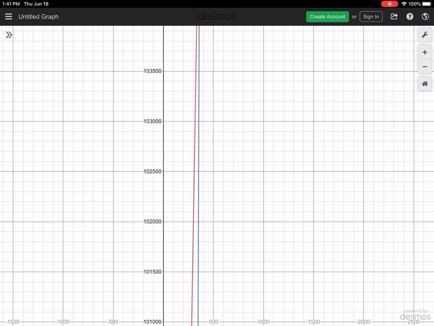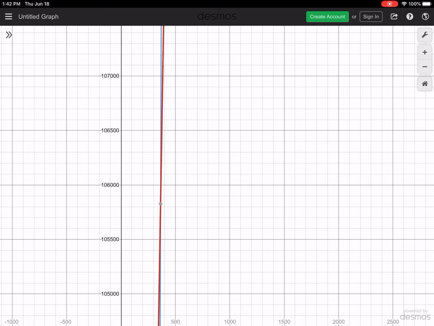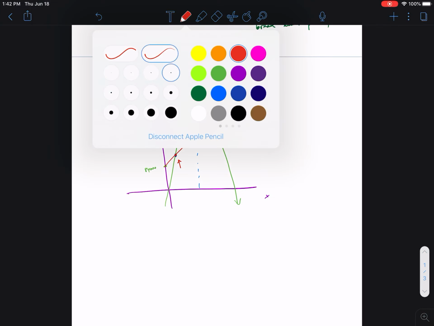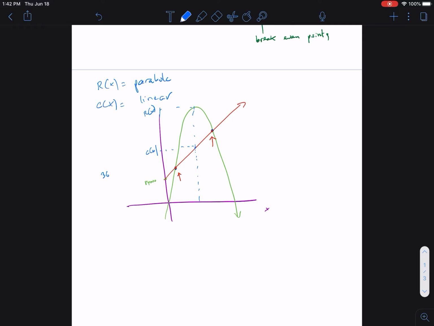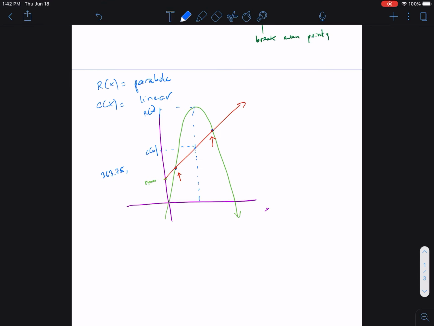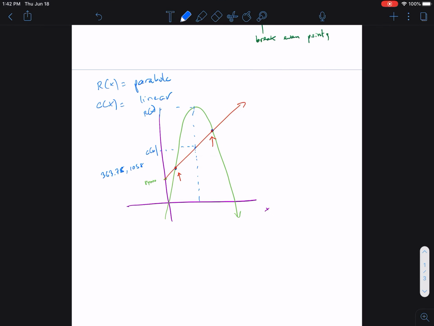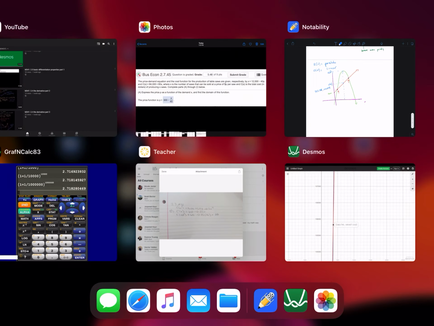So the first intersection point is around here somewhere, right there. Click on it, and it should show you the first intersection point, 363.785, 105827.12.